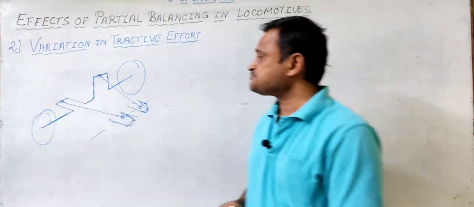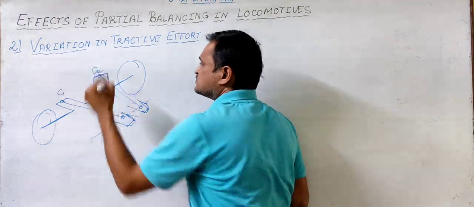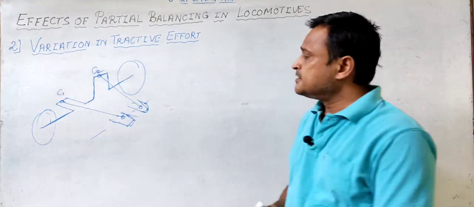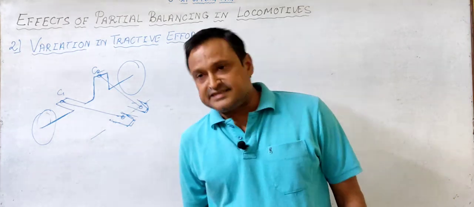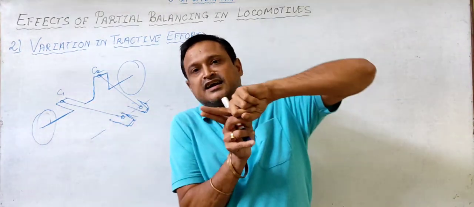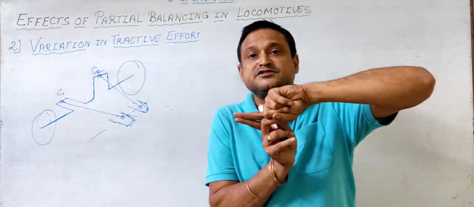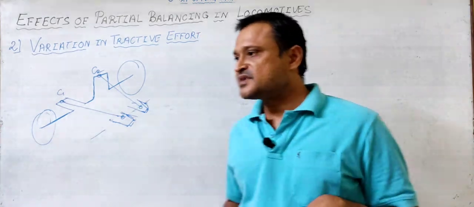The reason is, say this is cylinder 1 and this is cylinder 2. Maybe a situation can arise when the crank and the connecting rod are at 0 degrees. That means the transmission angle between the crank and connecting rod is 0, right?